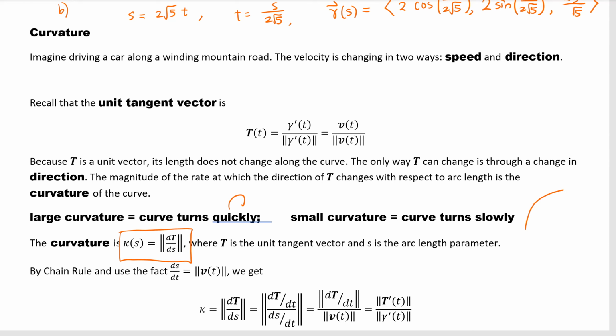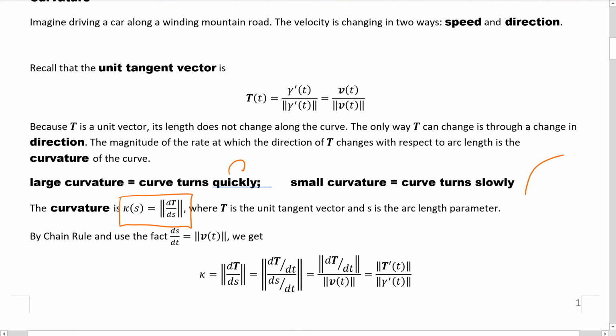By the chain rule, and using the fact that ds/dt equals the speed, we can get kappa, the curvature. This is actually a Greek letter, kappa. So kappa equals the length of dT/ds.